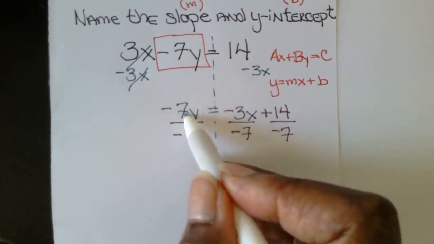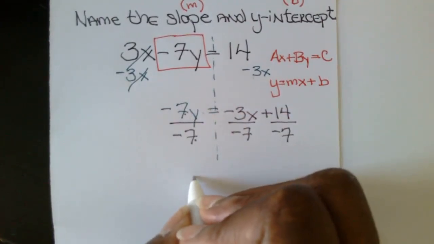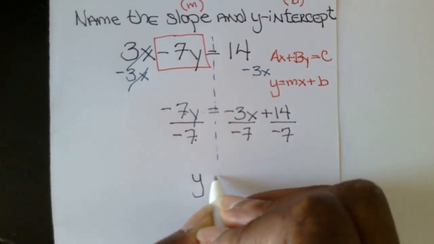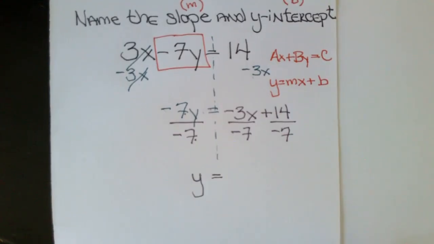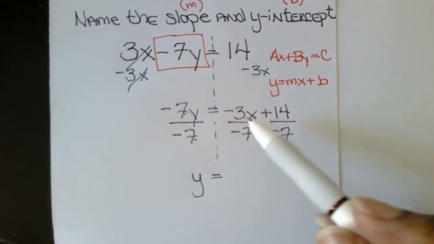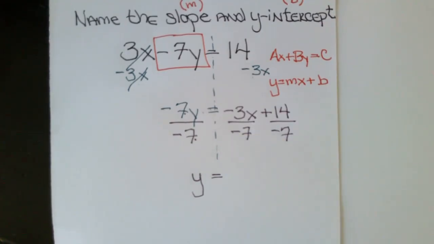So negative 7 divided by negative 7 gives me a 1. So I can say 1y or just simply y, because the 1 is always assumed to be in front of the y. We don't have to say, let me divide both sides by 1. It's like, oh, I have a piece of pizza, let me divide it, and you don't do anything with it, and you still have a piece of pizza in front of you. Now, a negative divided by a negative gives me a positive.